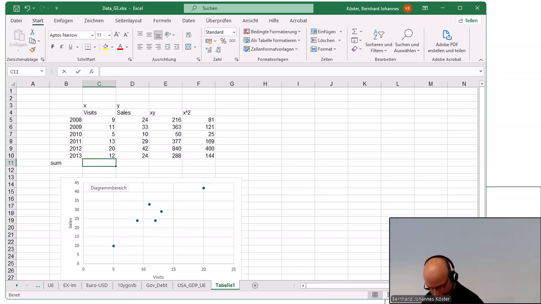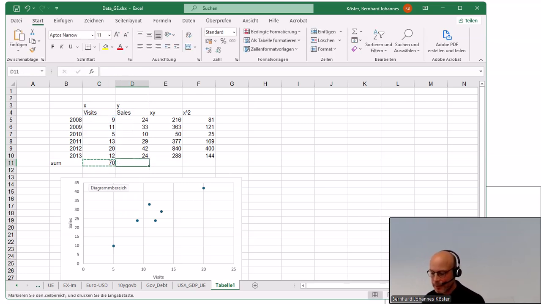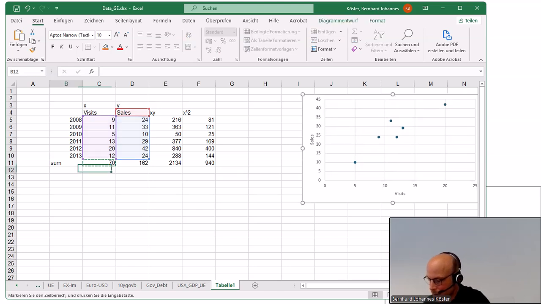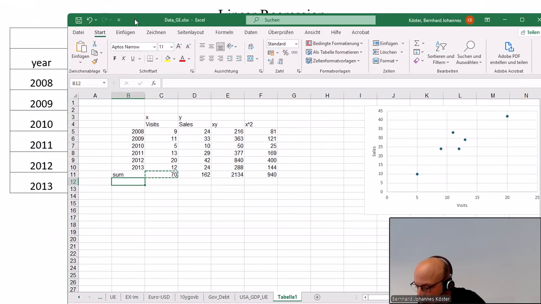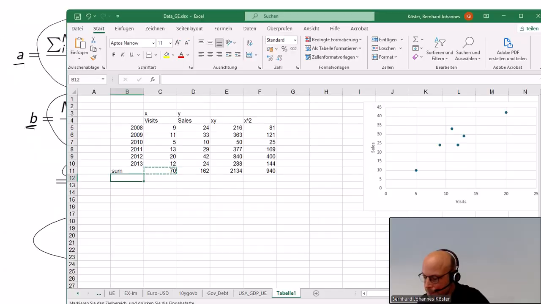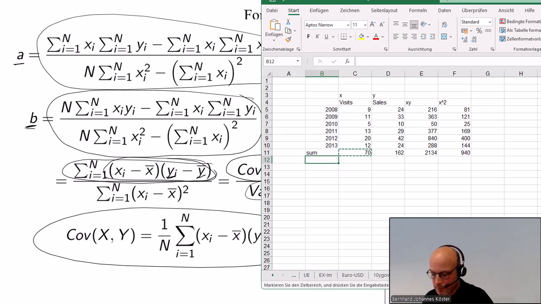The sum is then this, needed for every column. So n is the number of our data set.